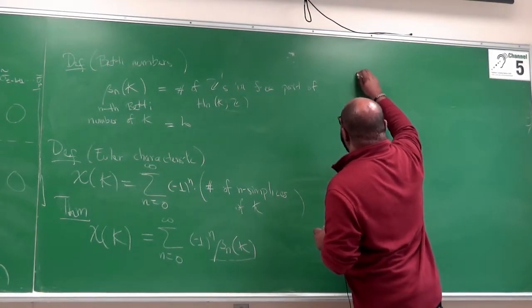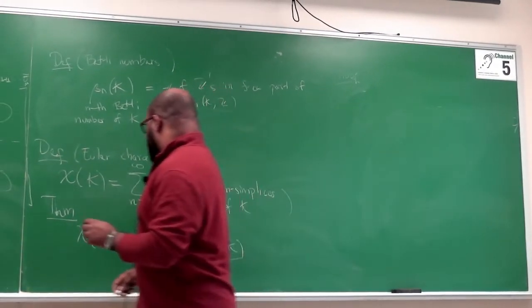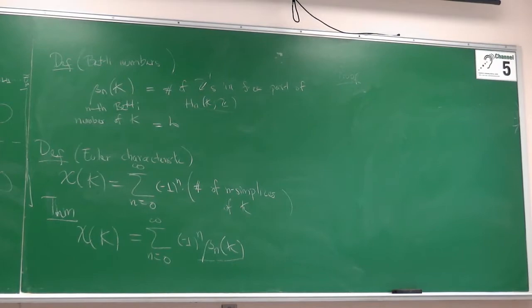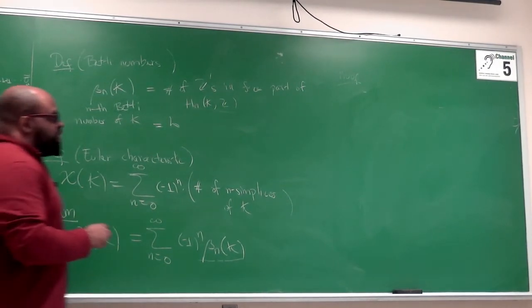So here's the proof. I want you to notice that we already did all of the work, actually. We already showed that if you take the number of n-dimensional simplices, that is exactly the same thing as the dimension of B_{n-1} plus the dimension of Z_n.